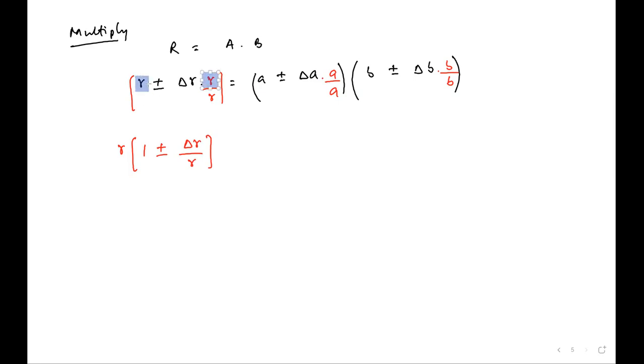So you get 1 at this point and delta R over R at this point. Similarly, if we take out common A and A from this part, B and B from this part, it will be A times 1 plus minus delta A by A, B times 1 plus minus delta B by B.